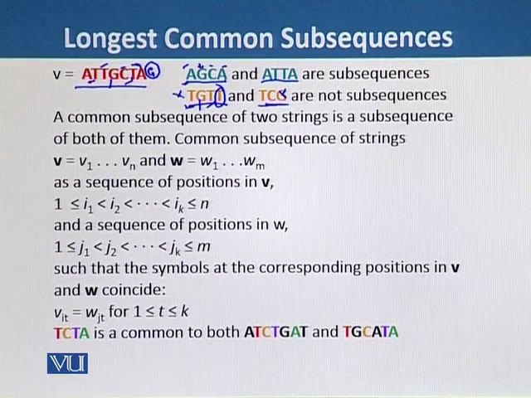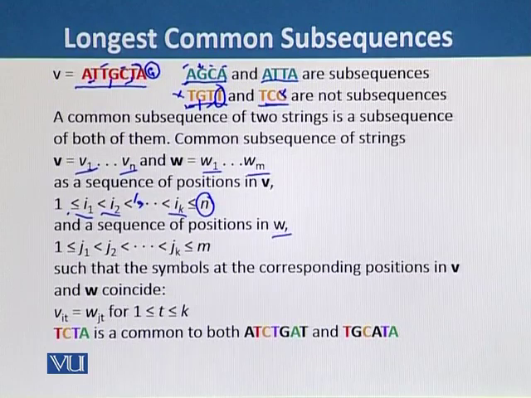A common subsequence of two strings is a subsequence of both of them. For V equal to V1 to Vn, and W equal to W1 to Wm, it is a sequence of positions in V such that 1 is less than or equal to i1, i1 is less than i2, i2 is less than i3, and so on up to ik, which is less than or equal to n.